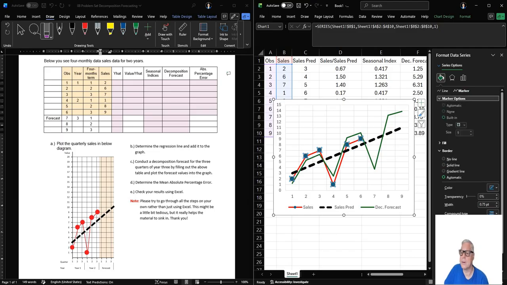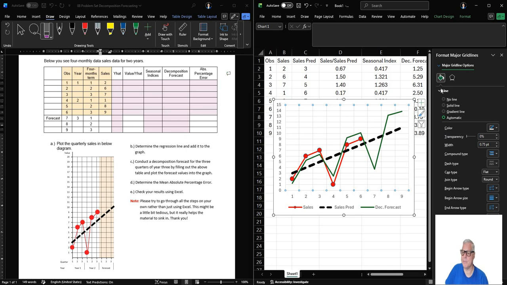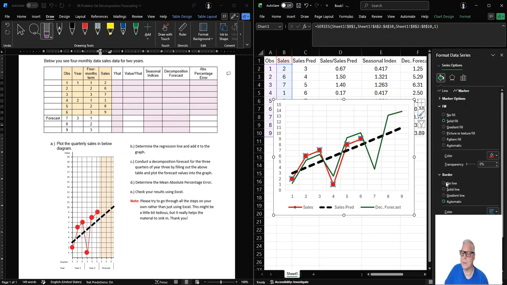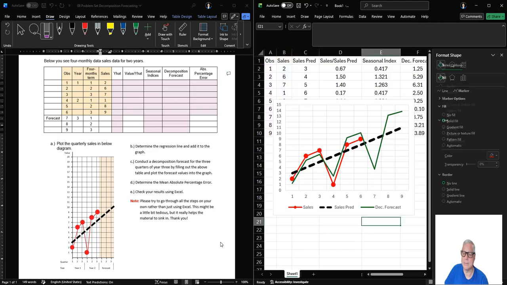Again, marker option, fill, solid fill. Okay, so now we got it, but now we still want to remove the border line, no line. I mean marker, no line. Okay, so now it looks pretty close to what we had.